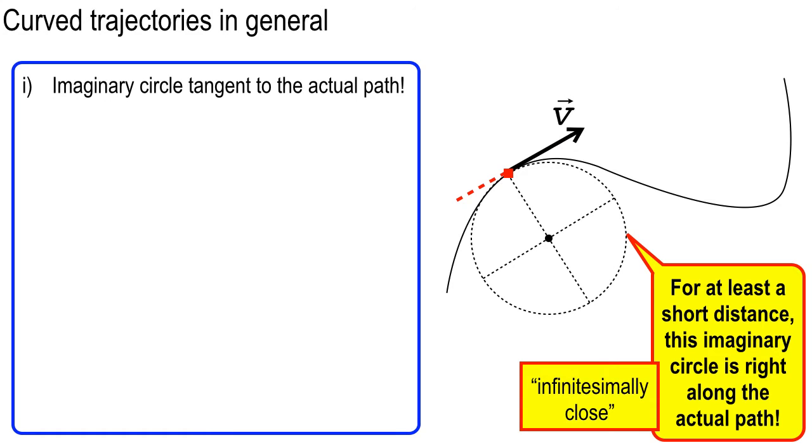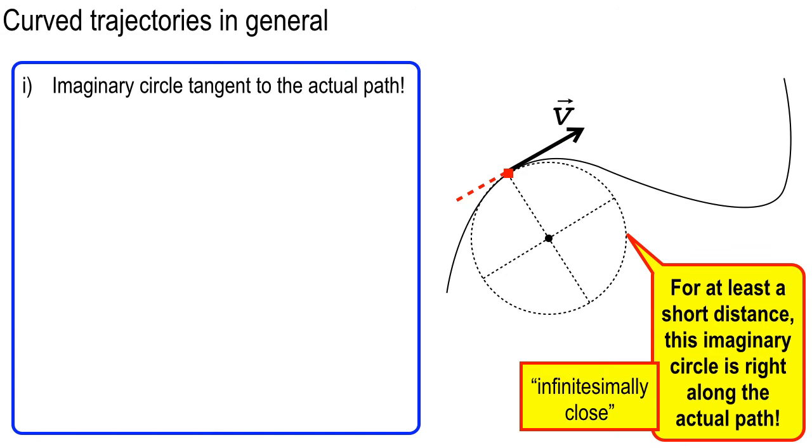The idea is that for just a few inches or a few centimeters or a few miles, whatever the size of the track is, you're actually close to the physical track if you're on that circle. In the math department, they would use the phrase infinitesimally close to the path, or an infinitesimally small neighborhood of the track.